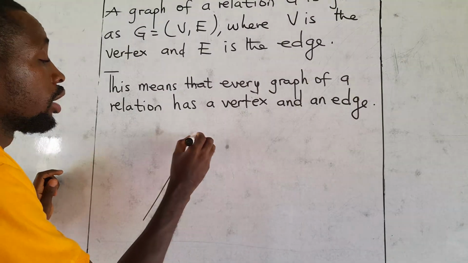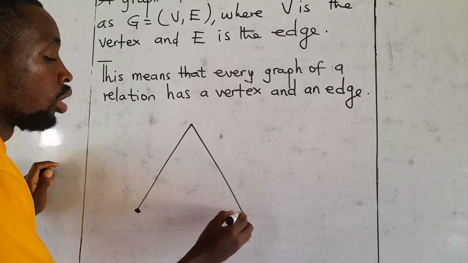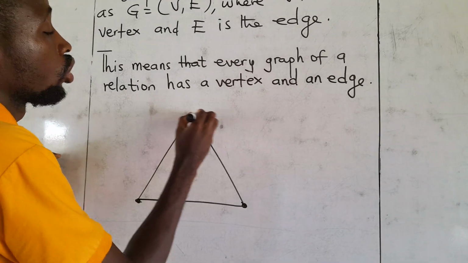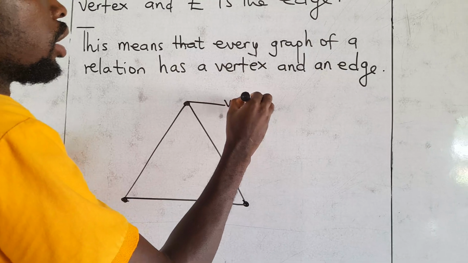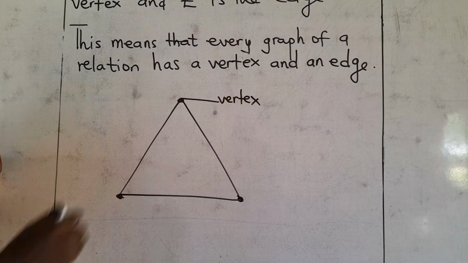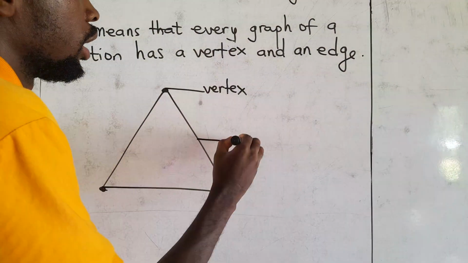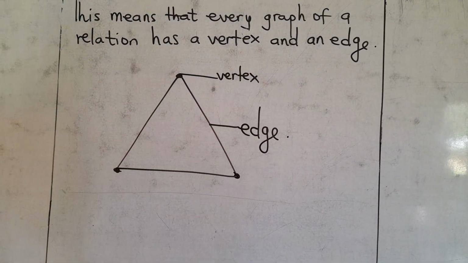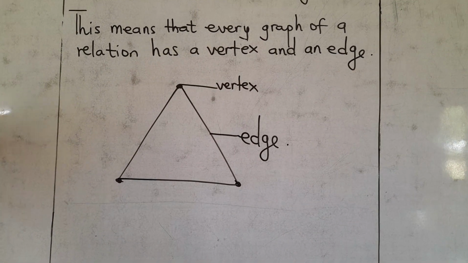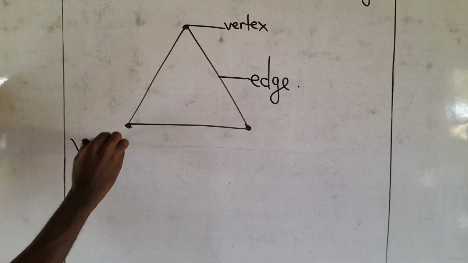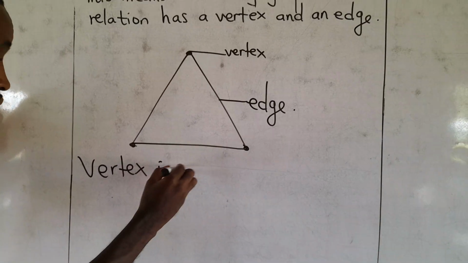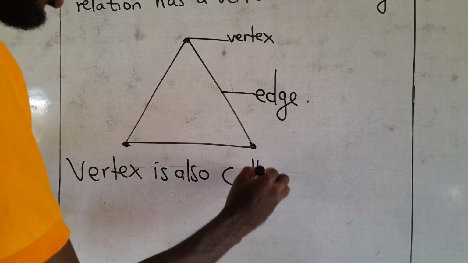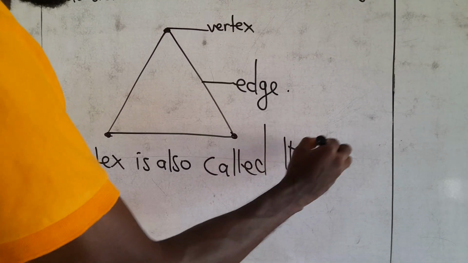For instance, we have this simple graph. This is called the vertex for singular, vertices for plural, and this is the edge. So an edge connects two vertices. Remember, a vertex is also called a node.